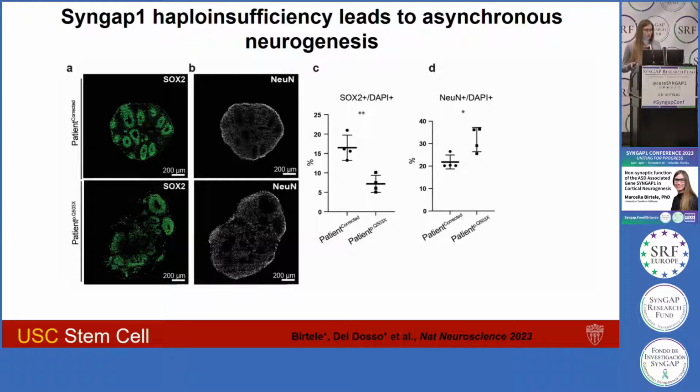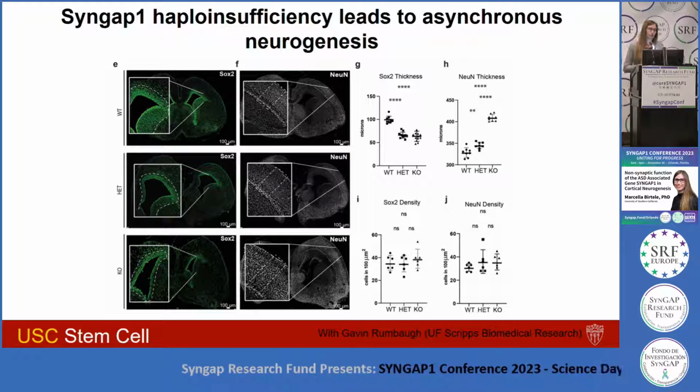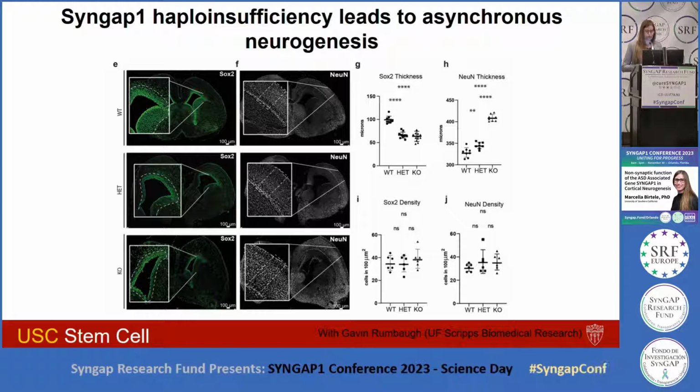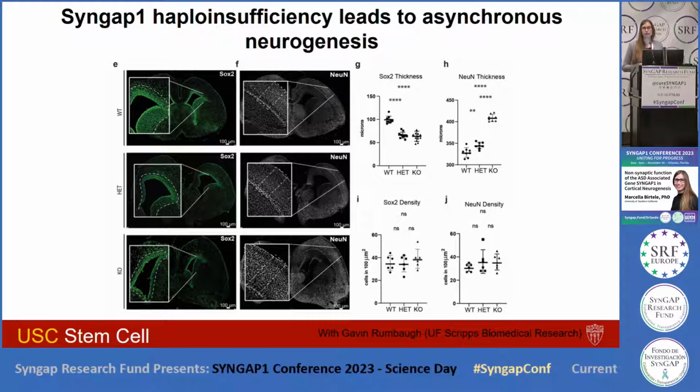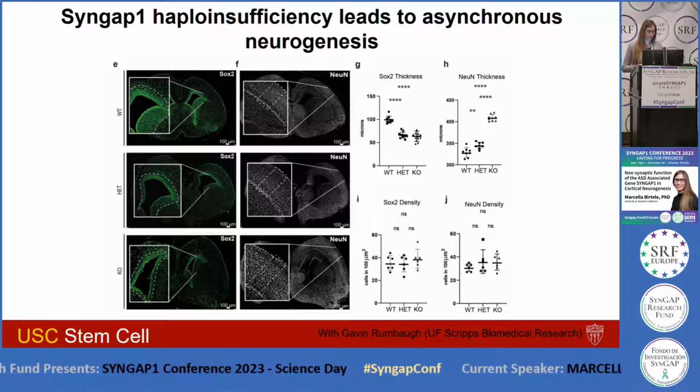And so upon these quite striking results, we actually had a lot of pushback from the reviewers and also upon grant submissions. So we were asked to add on this human data, also some mouse analysis. So we looked at E18.5 mouse sections from het and knockout of a SYNGAP mouse model.